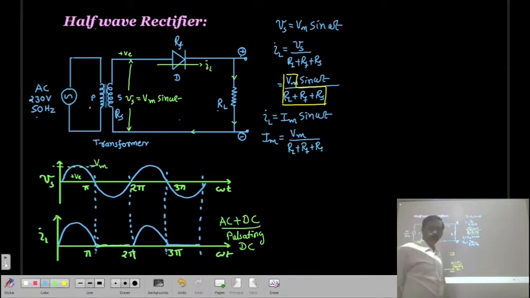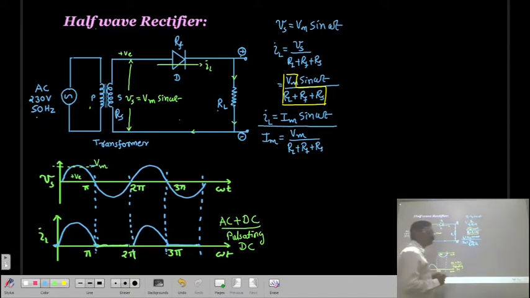Now, whatever expression we have written, this expression is not correct for one complete cycle. Remember, IL equal to Im sin omega t is valid only if omega t is between 0 to pi. And between pi and 2 pi, the current is 0. So this expression is not valid for one complete cycle.